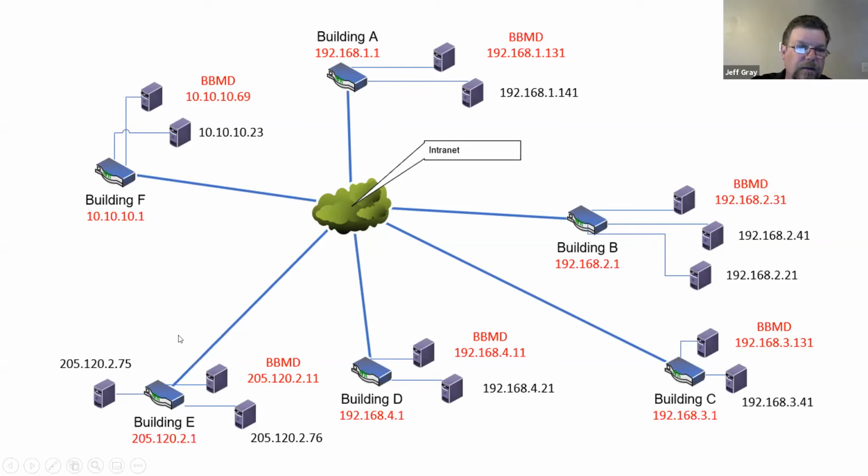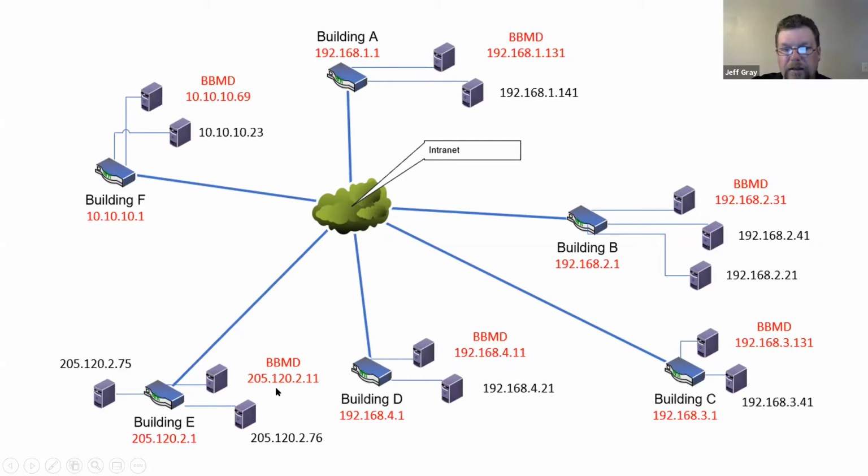And then I threw in building E and building F, just mostly to show that 192.168 is the default private IP network. But a lot of times we'll run into networks where the IT personnel has set it up as 205.120.2.1.